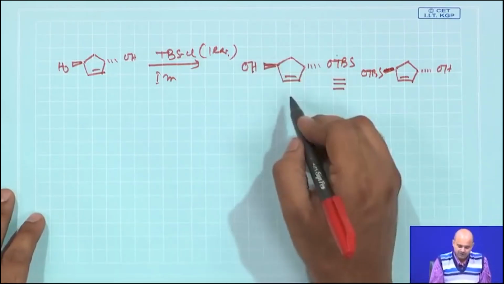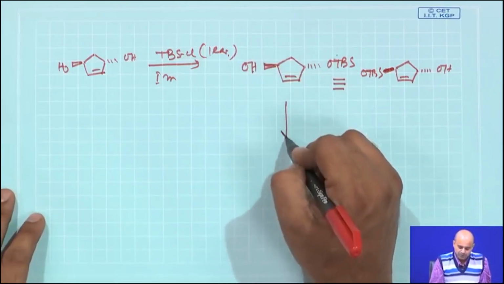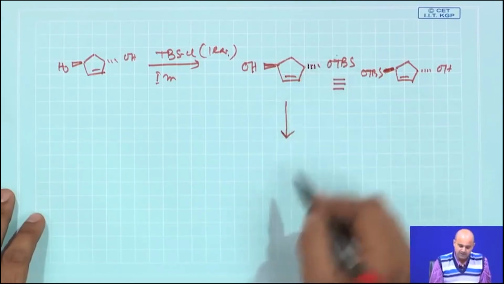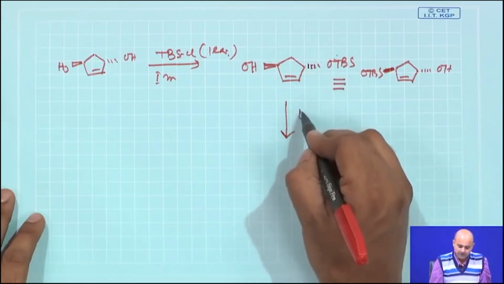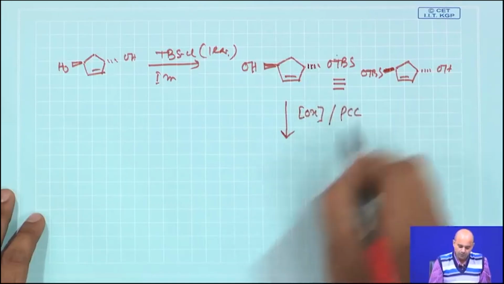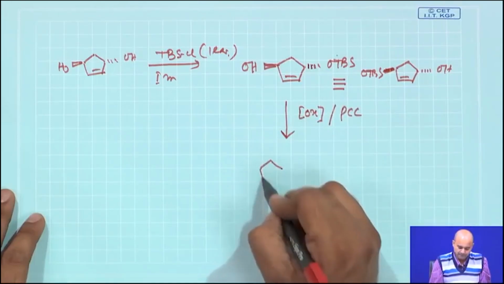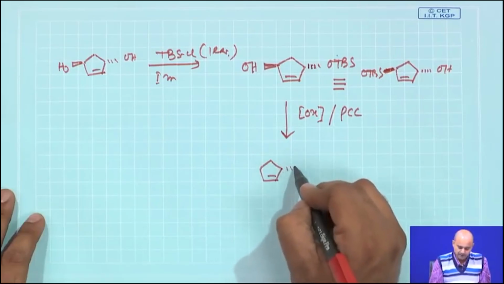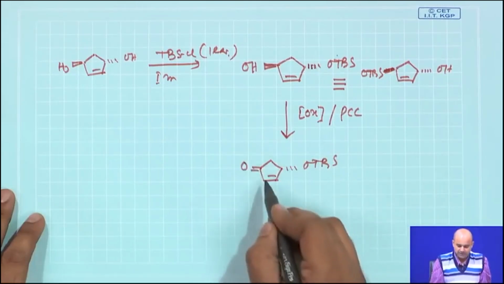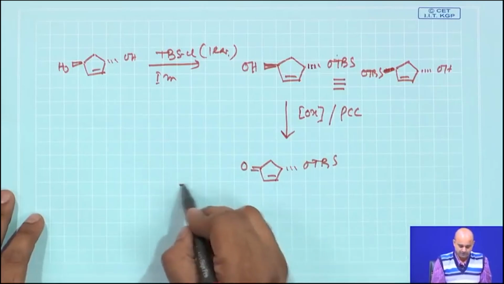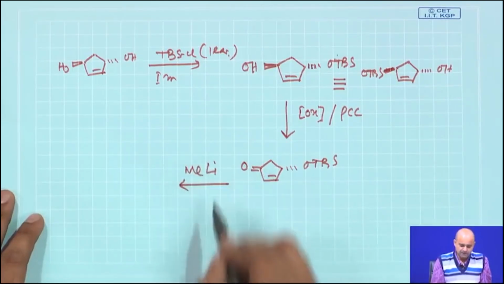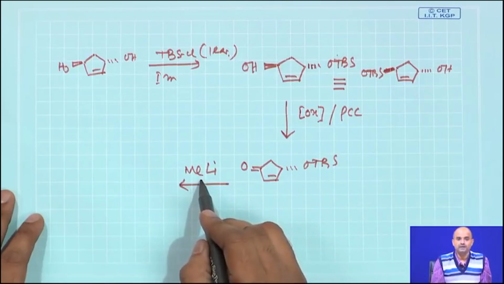So, now you protect this OH as the bulky TBS group. You use oxidizing conditions with pyridinium chlorochromate or PCC, and you basically get an alpha beta unsaturated ketone. Now, the next synthetic reaction uses one equivalent of methyl lithium.